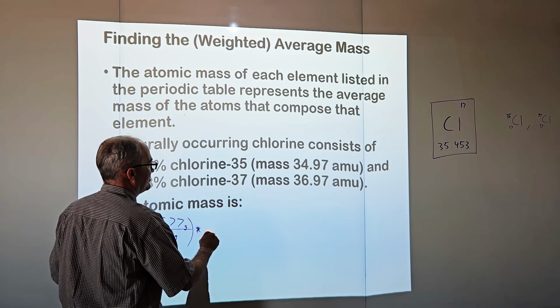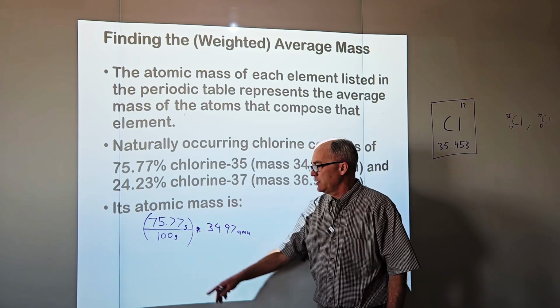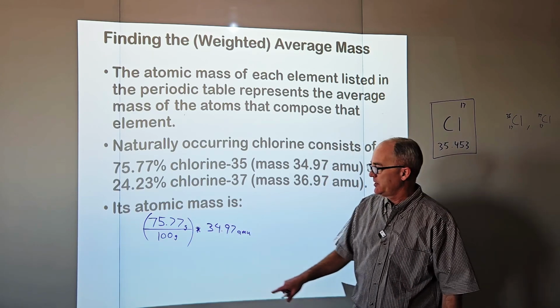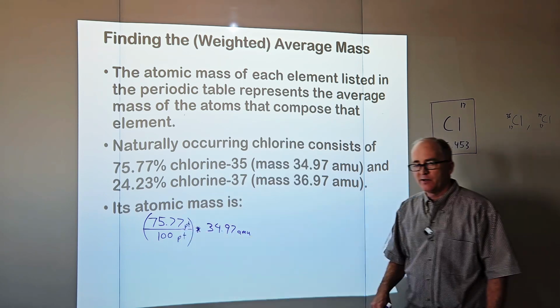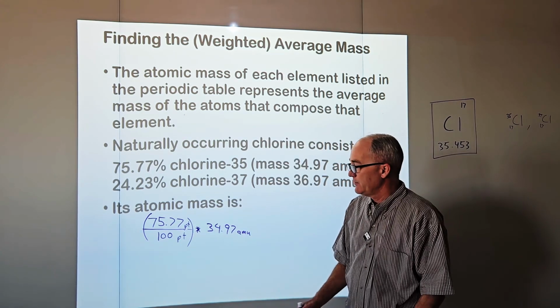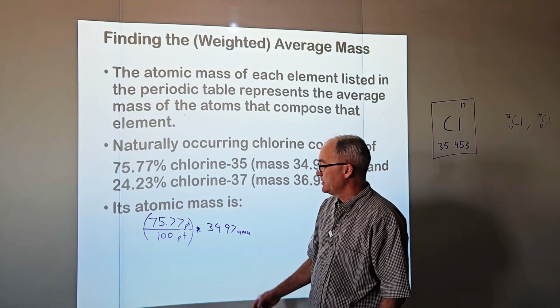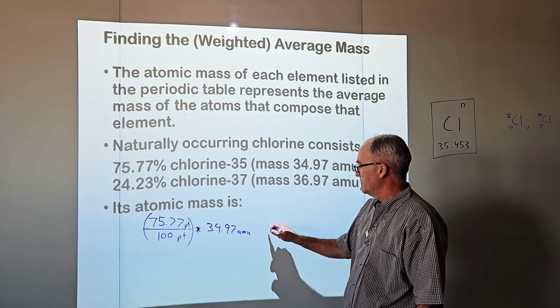Notice percents are kind of unitless. If you got 75 on your 100-point exam, that means you got 75 points out of 100. So that's going to find 75% of that number.